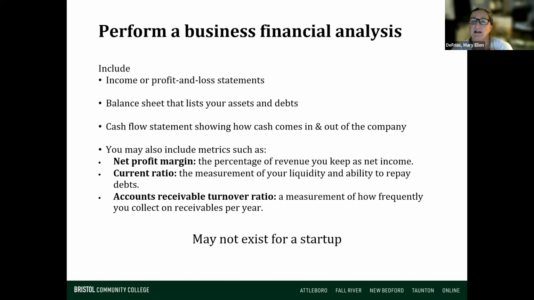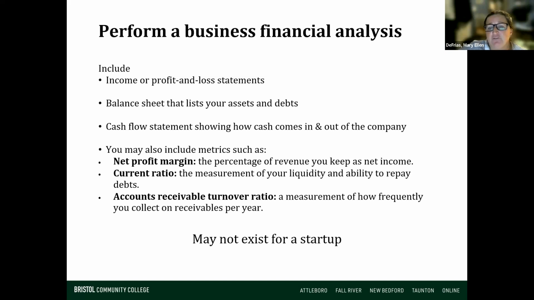You should know what an income statement, which you may also hear referred to as a profit or loss statement, is. It shows what you're making as a profit or what you're taking as a loss, right? Your balance sheet will show what your assets are and what your debt is. So if you've bought equipment, it'll be listed on your balance sheet as an asset. And if you have loans out, they will show up as debt.